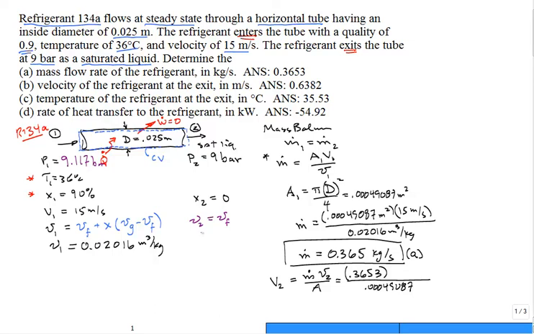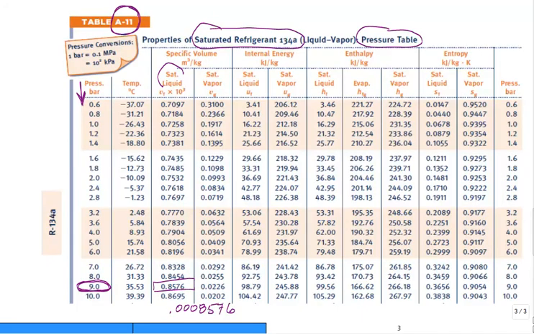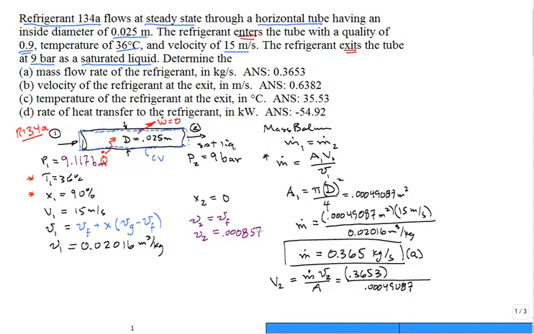Okay, but we get our V sub 2. We just had that. What is it again? Let me look. Specific volume at state 2. Yeah, that's 0.0008, oh, I forgot the number, 576.